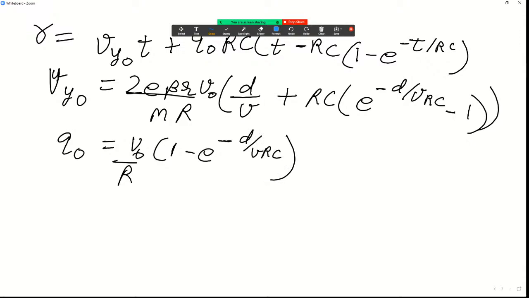Yeah, that looks right. Okay, so we have to find t from these three equations.